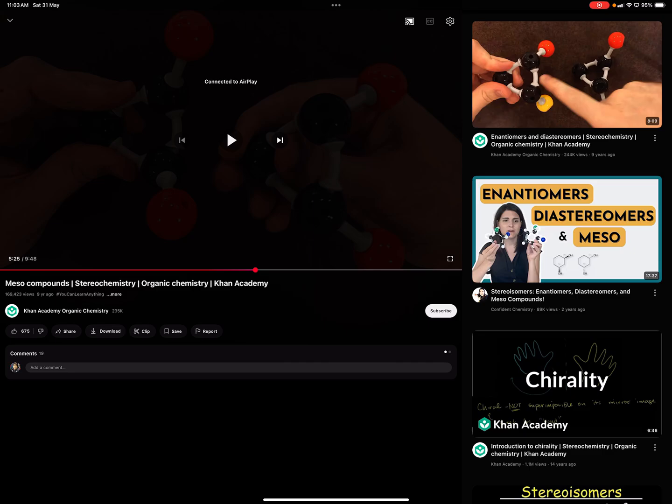So we need to take a look at your molymod or your organic molecule to see whether or not the molecule has an internal plane of symmetry. Therefore it won't be 4 stereoisomers, it will only be 3, because the 2 molecules that we have just drawn are exactly the same molecule. Does that make sense, guys? So let's take a look at this. I'll put a question mark here again. 3 and 4.